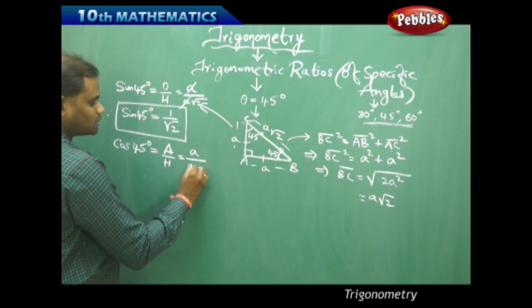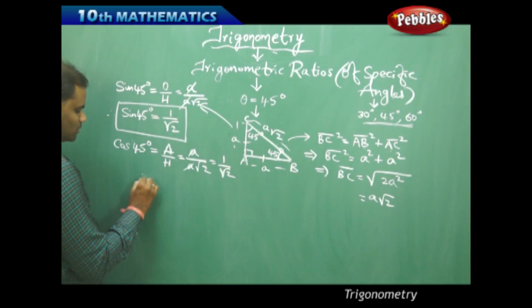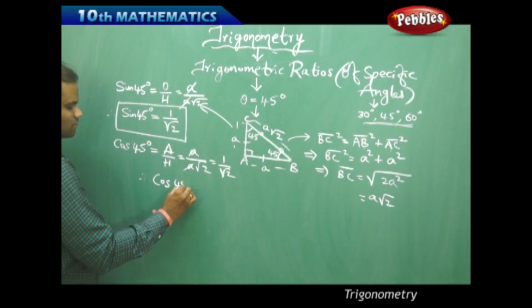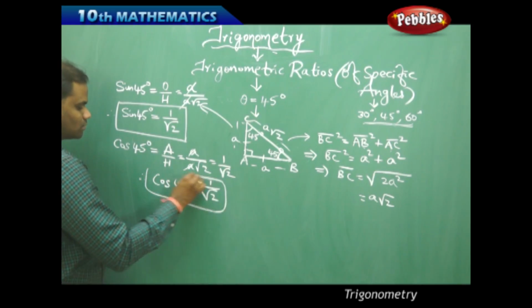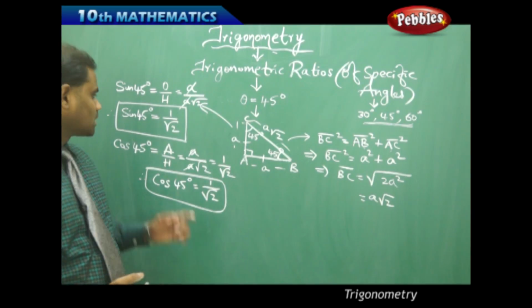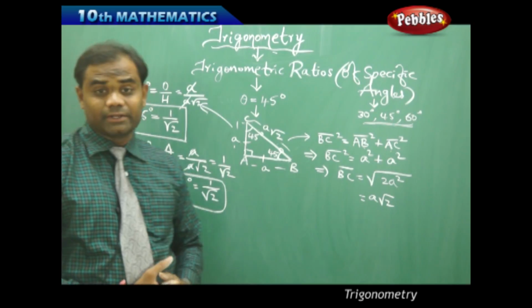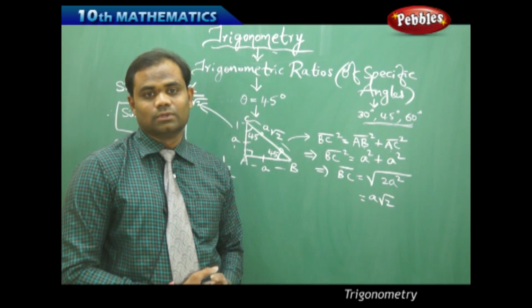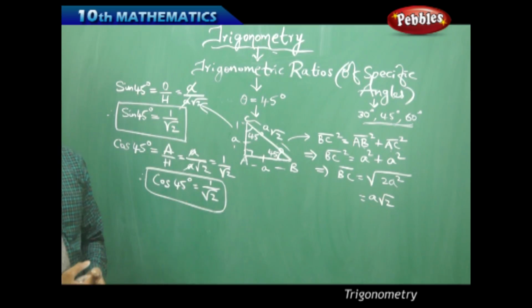And the hypotenuse is A root 2. Again, I cancel, I get 1 over root 2. Therefore, my cos 45 is 1 over root 2. That means sine 45 degrees is 1 over root 2 and cos 45 degrees is also 1 over root 2. The special angle 45 degrees gives this.